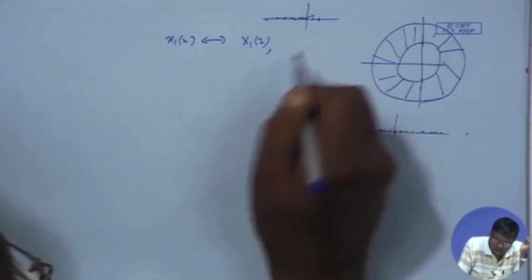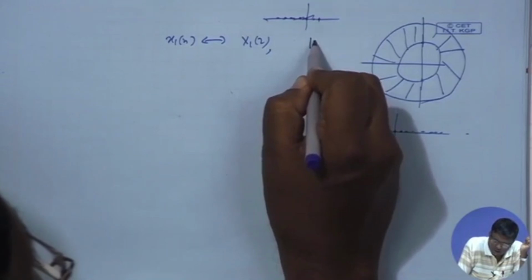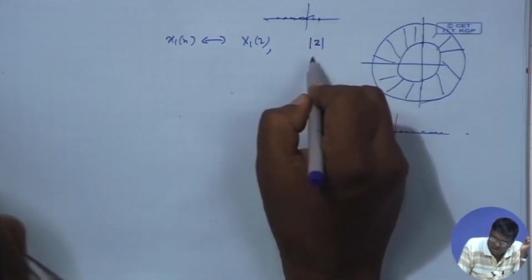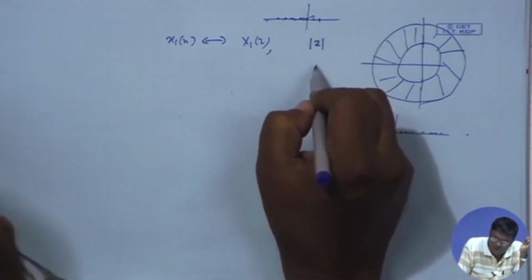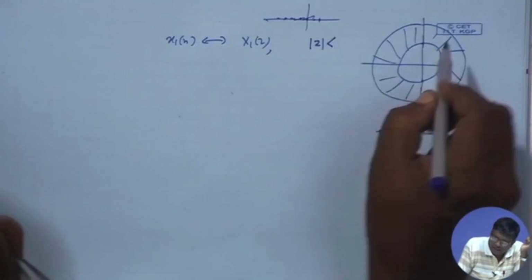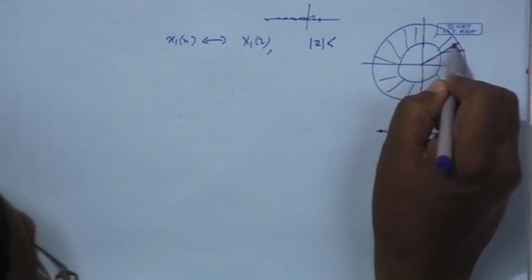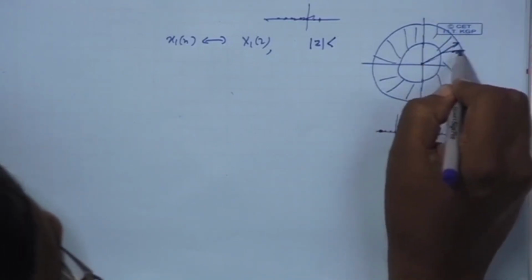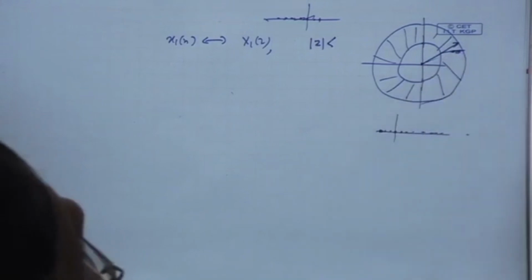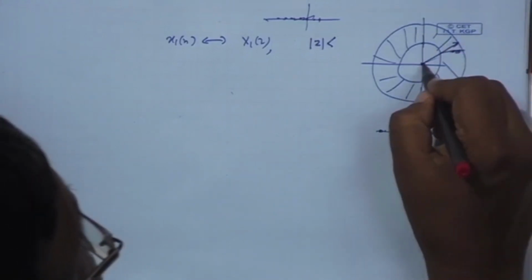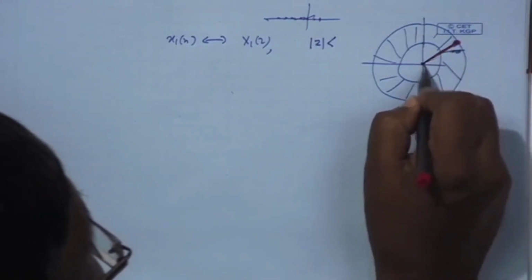So, that is why I am saying this is given and we denote the ROC to be R1 minus less than mod z less than some outer radius. You can call it this outer circle radius and this inner circle radius.